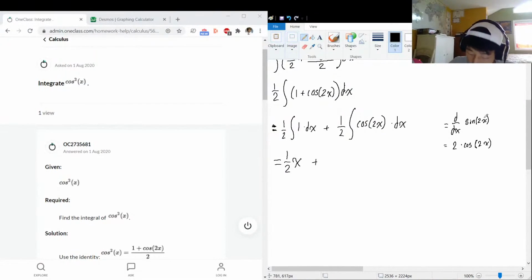So what if I erase these and move them a little bit to the right.